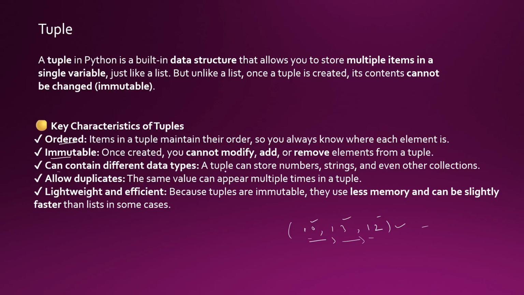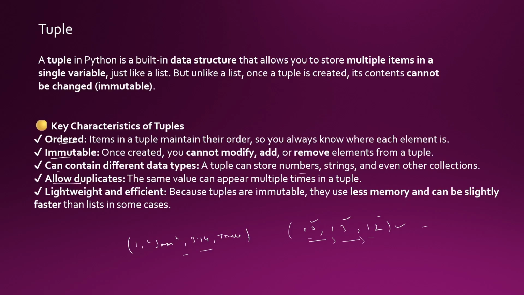Can contain different data types. A tuple can store numbers, strings, and even other collections. Just like a list, we can store integer values, strings, float values, and boolean values. So just like a list, we can store any kind of data types in our tuples as well.